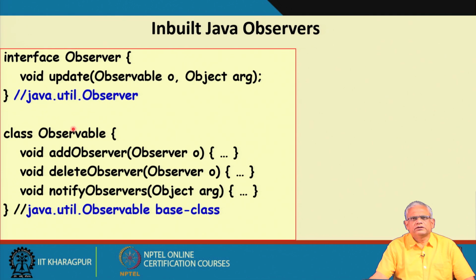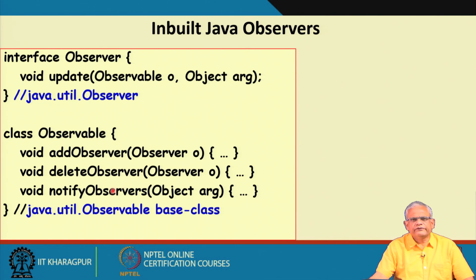The Observable has the method add observer. As always, the observers need to register by calling the add observer method of the observable, and then delete observer when the observer wants to exit. For both of these, the observer passes its own ID.